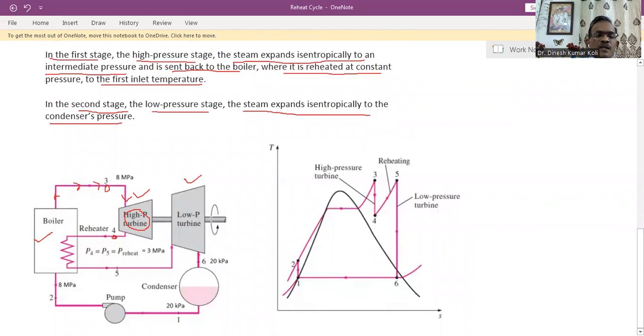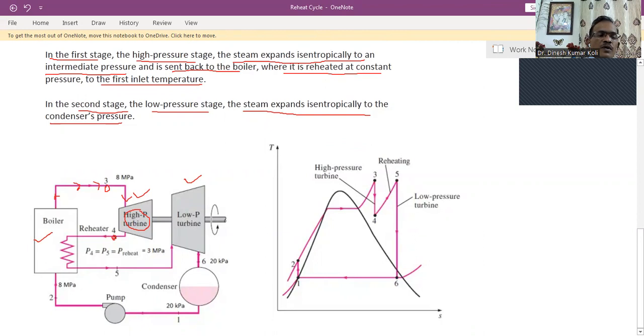After isentropic expansion, because some moisture content is there, before reaching more moisture content at point 4, the steam is taken from the high pressure turbine and passed through the reheater section in the boiler. Here the steam is reheated.